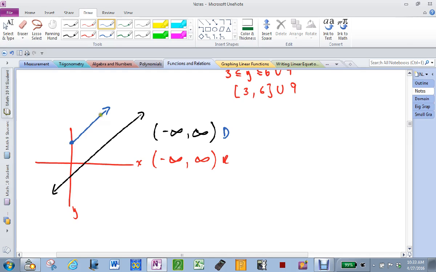So what would this guy's domain be? 0. Is 0 included? Yes. Yeah. So square bracket 0 to what? Positive infinity. Will it get there? Nope. What's his range? Oh, I guess I need to give you a value. There.